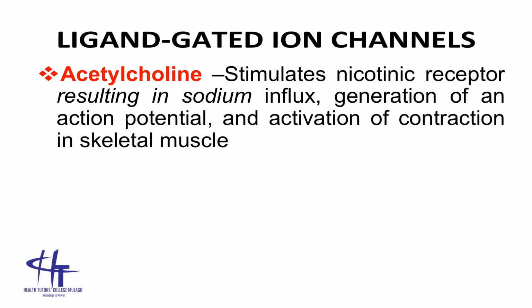But one of the neurotransmitters, acetylcholine, works via what we refer to as the nicotinic channels at, for example, the neuromuscular junctions. So acetylcholine via the nicotinic receptors also works through this receptor, which we call the ligand-gated ion channels.